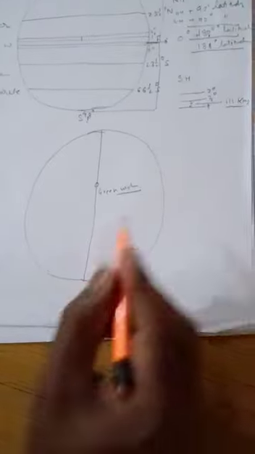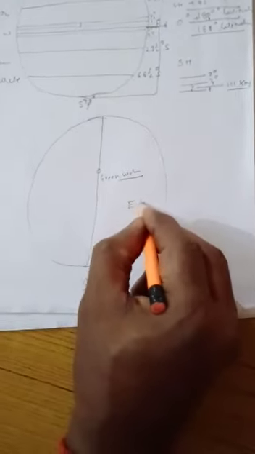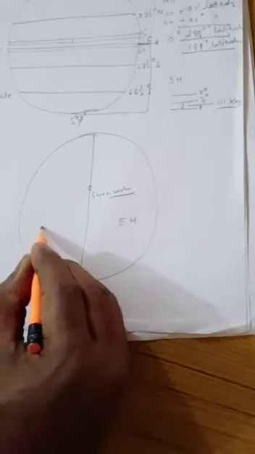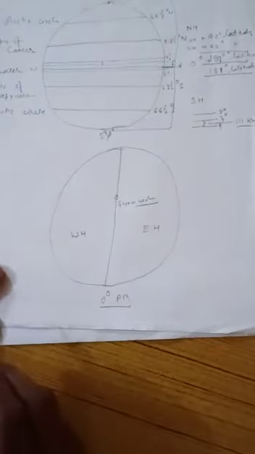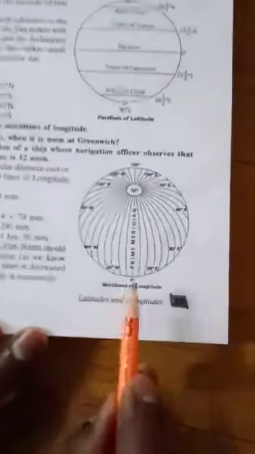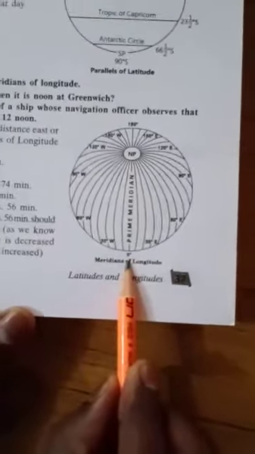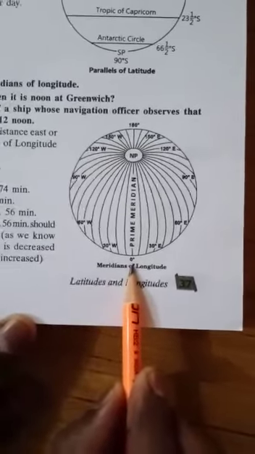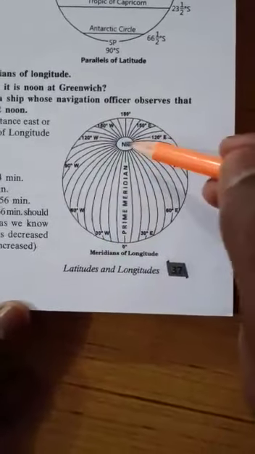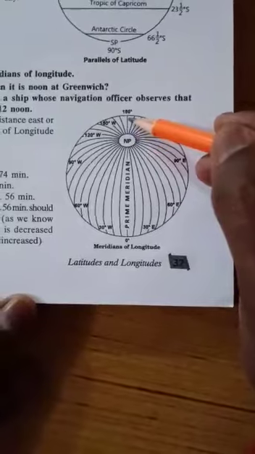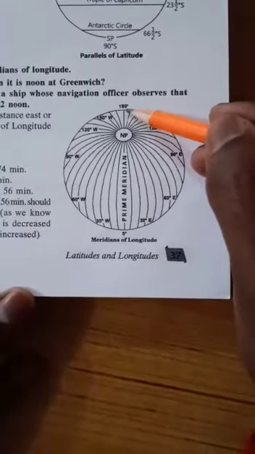So this side, our right hand side, will be our eastern hemisphere, and our left hand side will be our western hemisphere. As you can see here also, it has been shown: this prime meridian 0 degree, and just on the back side of the 0 degree you can see 180 degrees there.